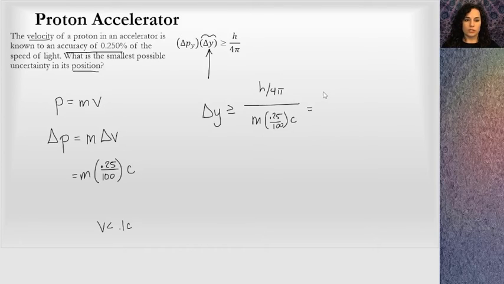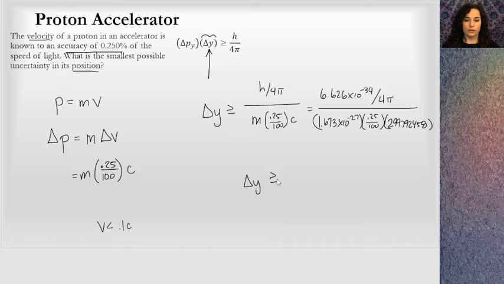And I can plug in the numbers here just to remind you, 6.626 times 10 to the negative 34th joule-seconds, divided by 4 pi, and then I'm going to divide by the mass of a proton, 1.673 times 10 to the negative 27th. Then I still have that 0.25 over 100, and then multiply by the speed of light, 299,792,458. And when you run it through your calculator, 4.21 times 10 to the negative 14th meters. So that's the uncertainty in its position.